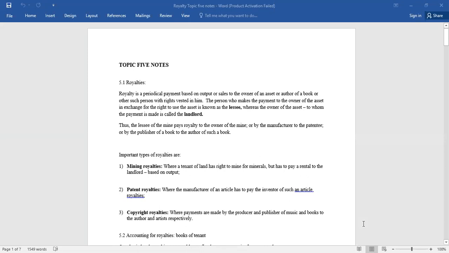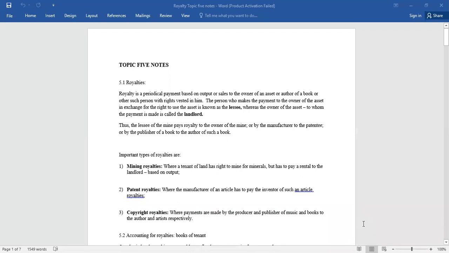And this basically happens in things like, the most common royalties are things like copyrights, patents, and mining royalties. So you can see the nature of the asset. You are using the asset for a given period of time as per the contract or as per the lease.